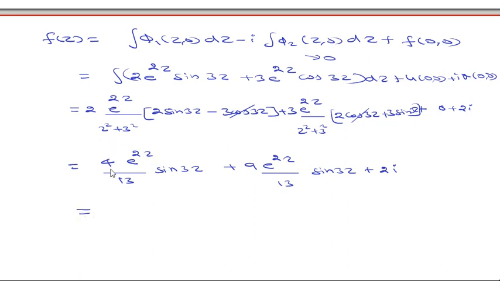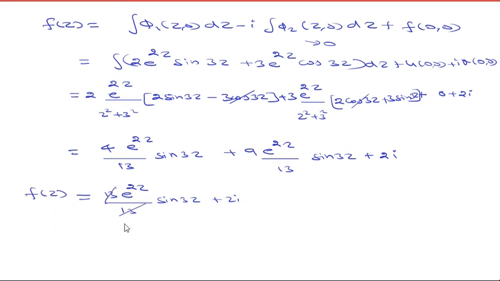So when we add these two terms, we will get 13 e power 2z divided by 13 into sin 3z plus 2y. So this is our f of z.